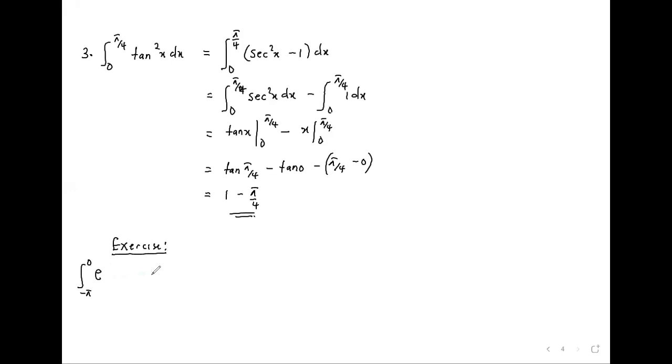Now I want cos: e^x cos x dx. This one is that you practice, and when you're happy that you have gotten it, you post in the group. Another one, I can make them 2. Another one is the integral from 1 to 2 of x multiplied by (x minus 1) to the power 15 dx. They are 2 now.